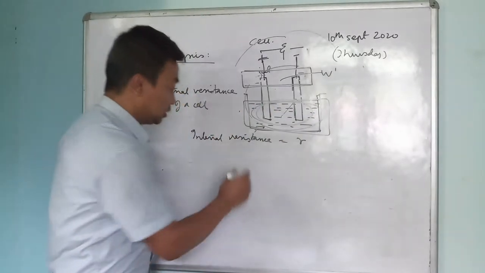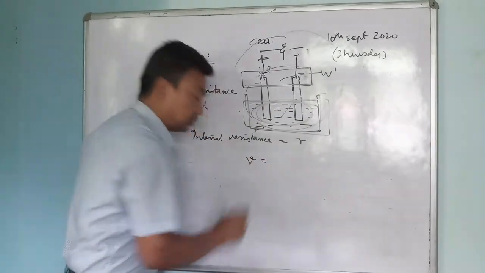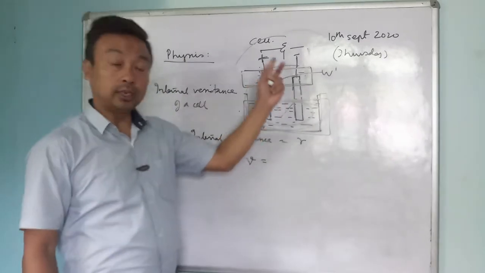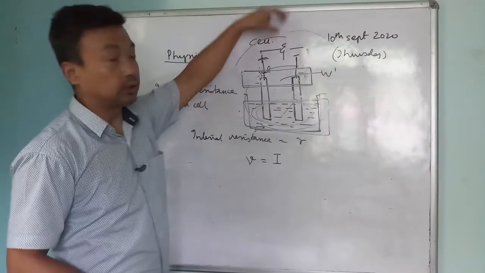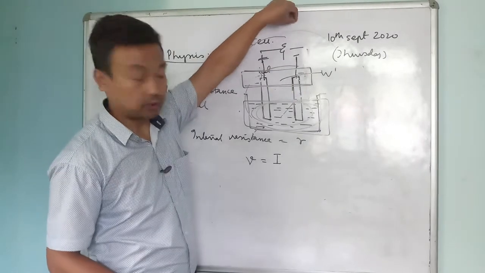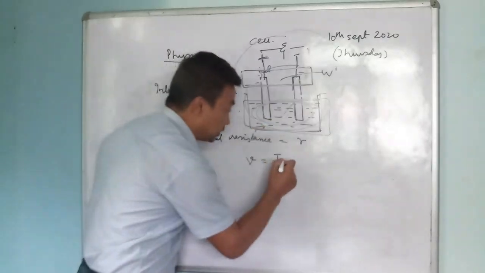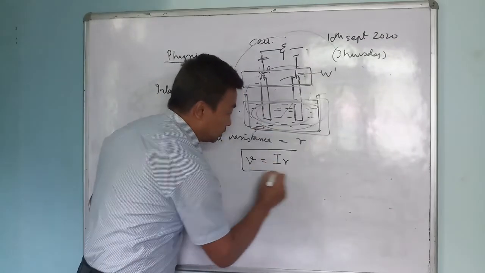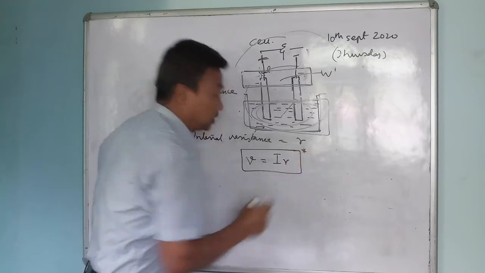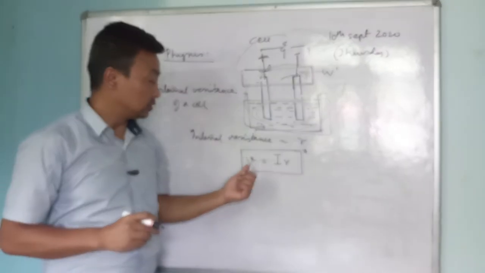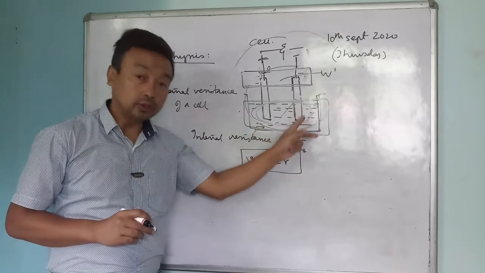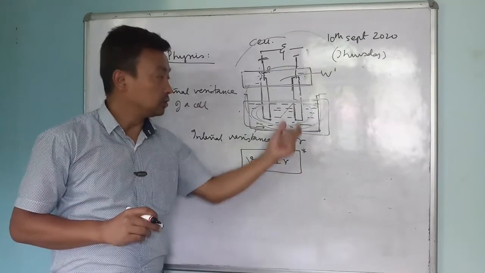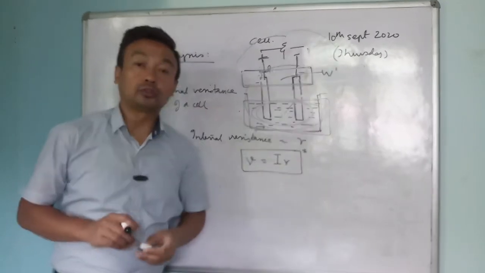Small v, that is voltage drop from the Ohm's law, and the current, the same current is flowing, that is capital I. The current is flowing from the cell, or it is drawing out from the cell. And what is the resistance there? Small r. So this is the relation for the internal resistance. You have the voltage drop, the potential difference through the electrolyte, and the resistance offered by the electrolyte.